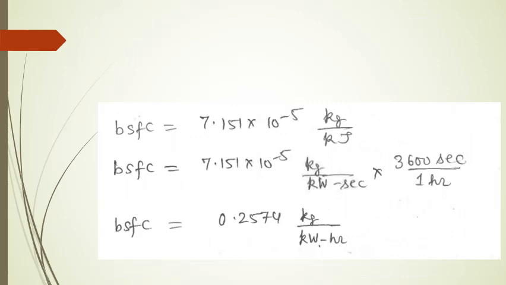Now the value of BSFC is 7.151 into 10 to the power minus 5 kg per kilojoule, and kilojoule can be written as kilowatt second, and we know that 1 hour has 3600 seconds, so we multiply this conversion factor and we get the value of 0.2574 kg per kilowatt hour.